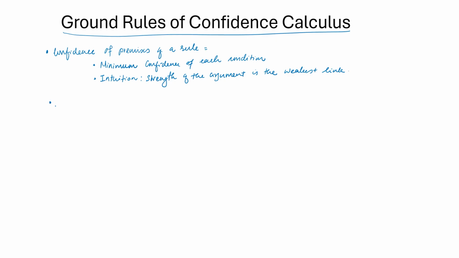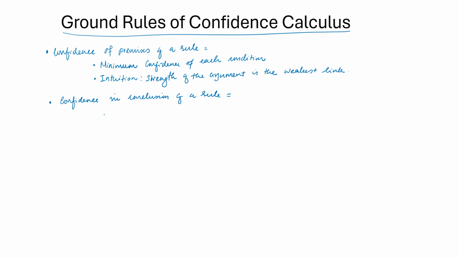Then the second one is the confidence in the conclusion of a rule. So, the premises of a rule take the minimum confidence of each condition, and the intuition is that the strength of the argument is the weakest link.